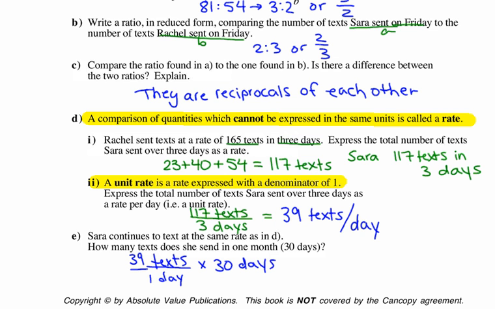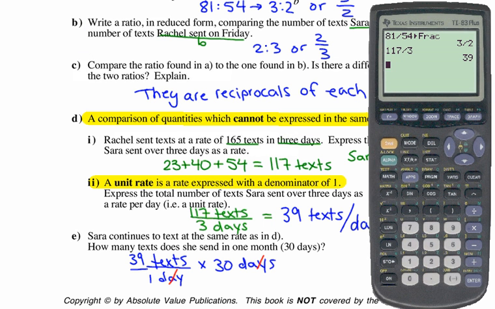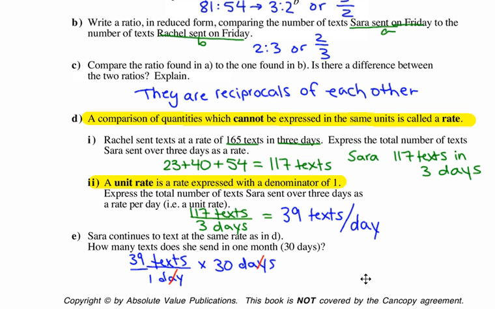Notice the days cancel out and we'll get the number of texts. So 39 times 30 equals 1,170. She can expect 1,170 texts over the course of the month.